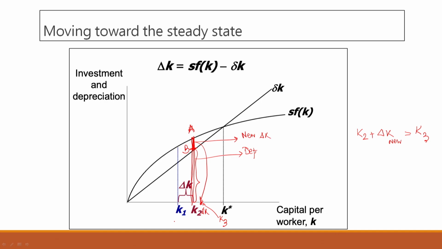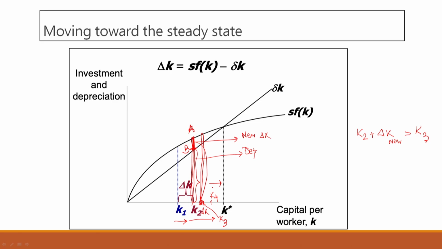What has happened in the process? The economy has moved from K1 to K2, then from K2 to K3, and like this at K3 you can repeat this exercise, find out the delta K, add that here, and you will find a K4.